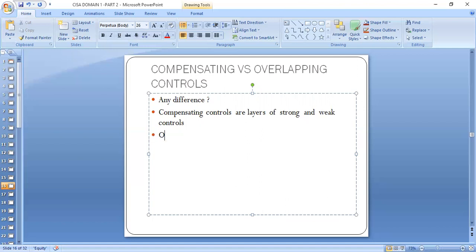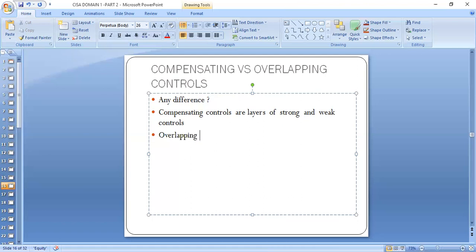Then we have overlapping controls. Overlapping controls are layers of strong controls, only strong controls. That means you spend more resources on them, so there must be a business justification for using overlapping controls. A good example is two-factor authentication, or even triple-factor authentication.